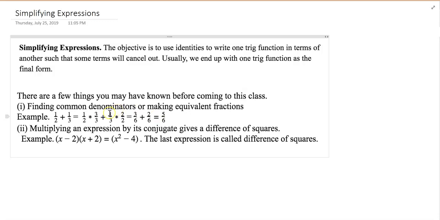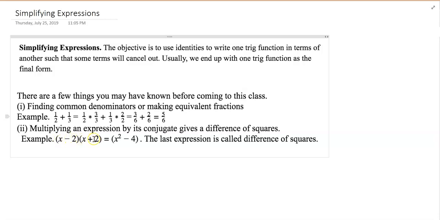The other thing that we really need to know about is multiplying an expression by its conjugate. When you multiply an expression by its conjugate, you get a difference of squares. For example, x minus 2 is the conjugate of x plus 2. Notice the only difference between them is one has a minus sign and one has a plus sign in between.